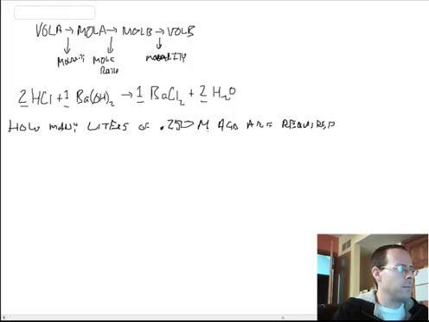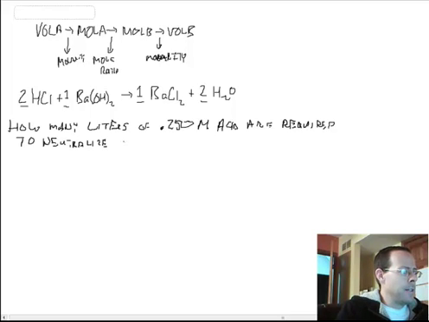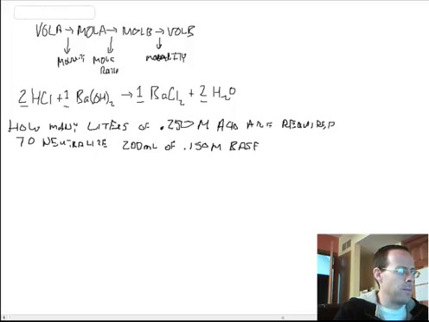So how many liters of 0.250 molar acid are required to neutralize, let's see, we're going to make up a number, 200 milliliters of let's say 0.15 molar base, and base is our barium hydroxide.